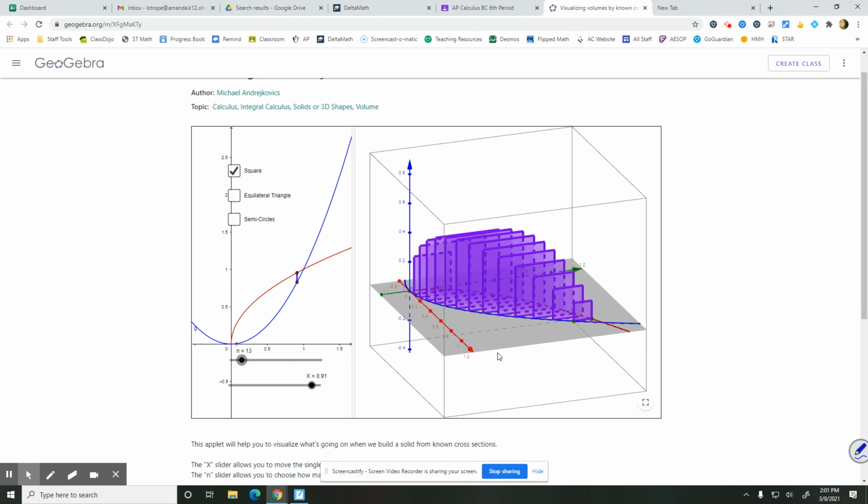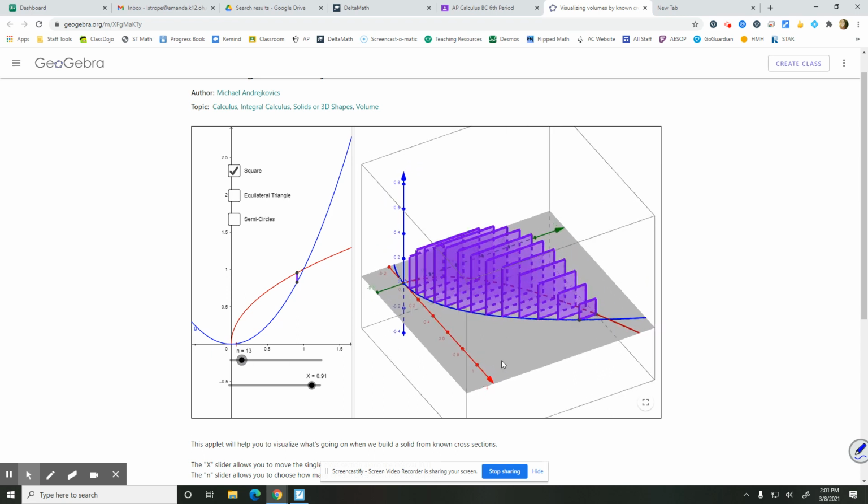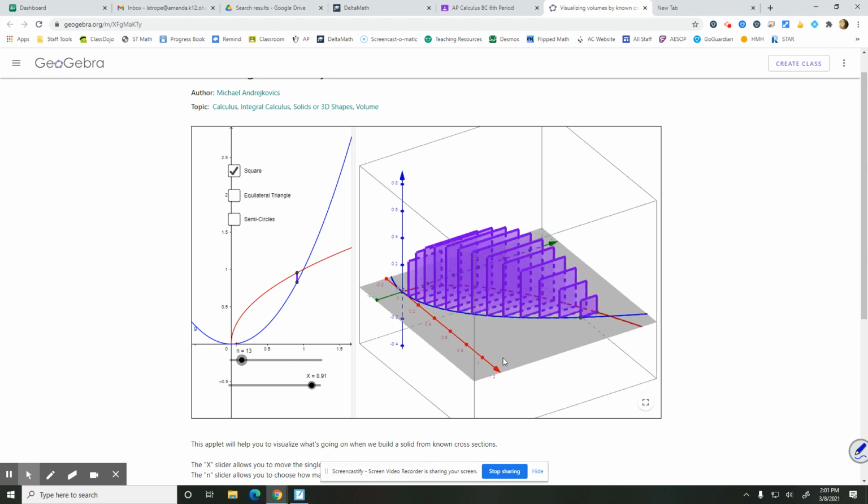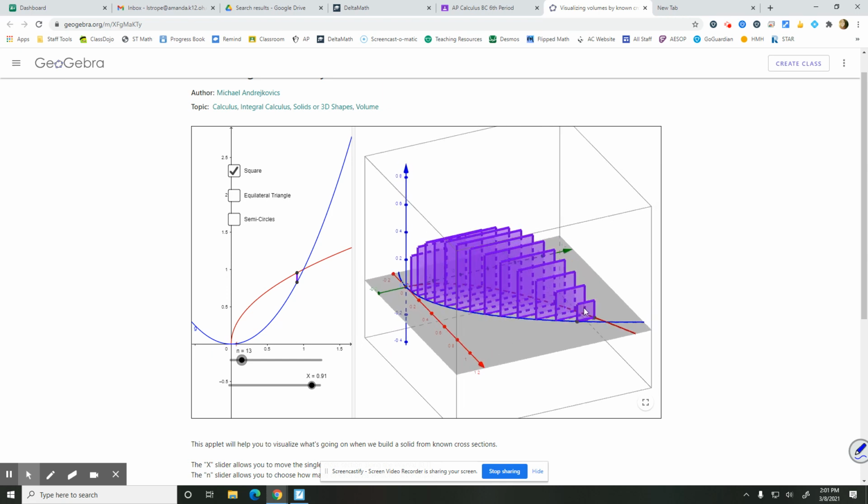To find the volume of a shape that has cross sections like this, basically all we would want to do is find the area of each of these squares and then add up all these areas. But instead of finding the area of each square and adding them all up, because obviously that could be a bit cumbersome with as many squares as we would need, we would use an integral, okay?